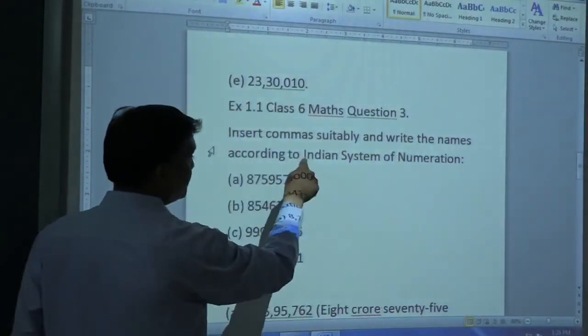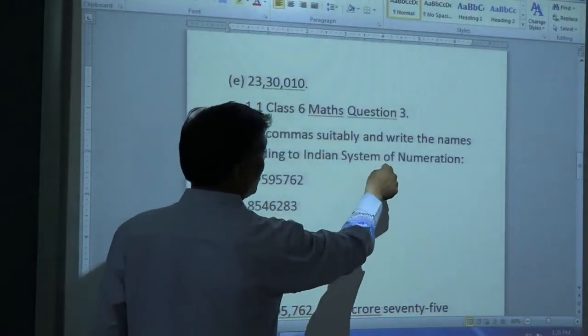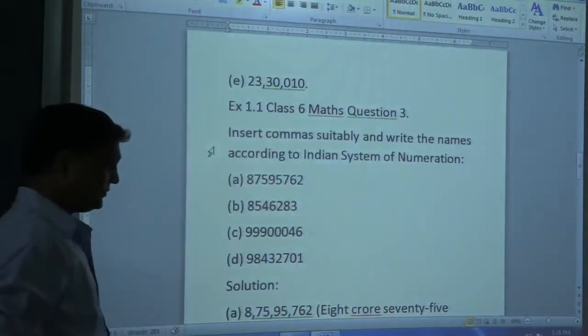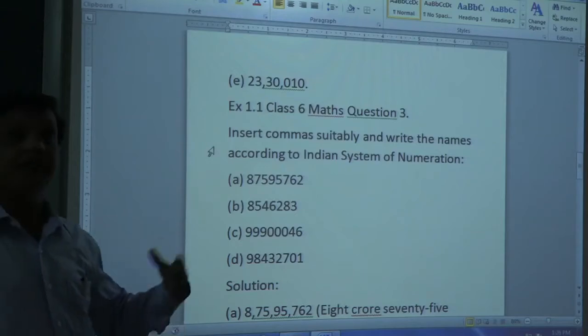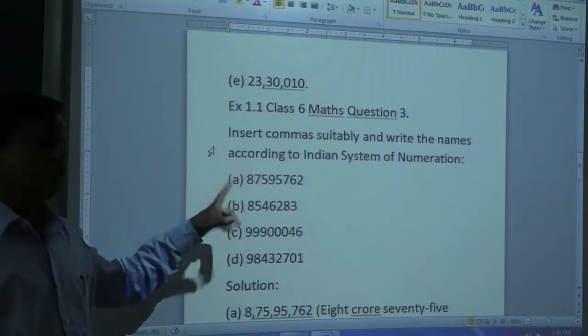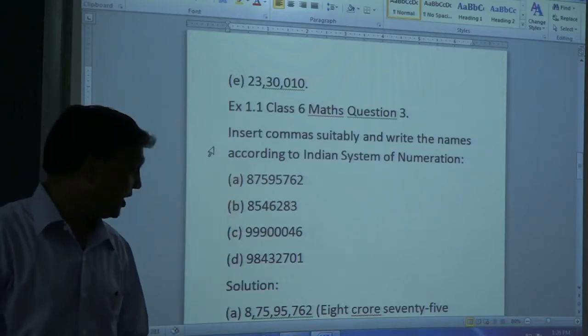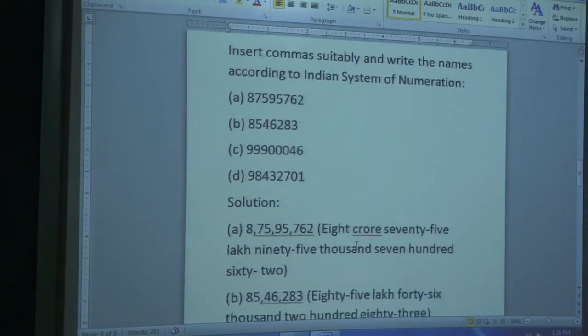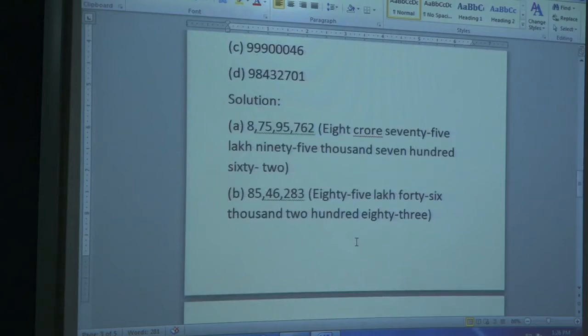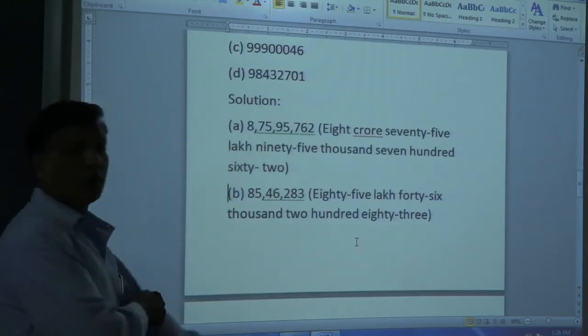Now E question: 23,30,010. Next question. What is the next question? Insert commas suitably and write the name according to the Indian system of numeration. These are the given numbers. Now we have to write the number name. How to write the number name?